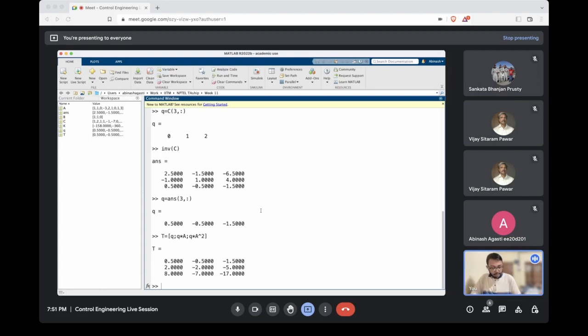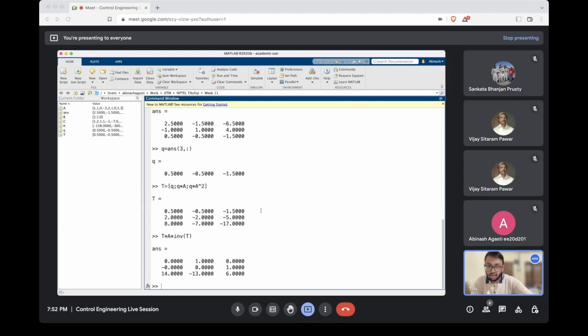Now all that remains is we want to find out A tilde, which is T A T inverse, and B tilde, which is T B. So if we find T A T inverse, here you can clearly see that this A tilde is in the desired canonical form representation, 0 1 0, 0 0 1 and so on, and only the bottom row has some elements.